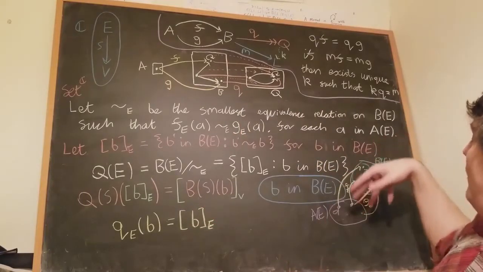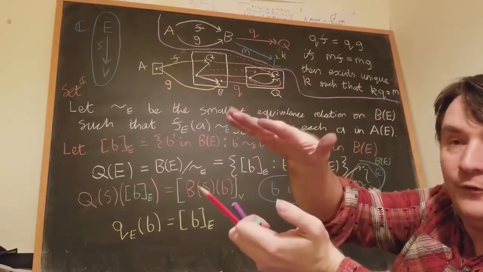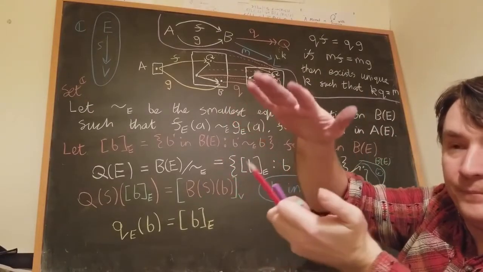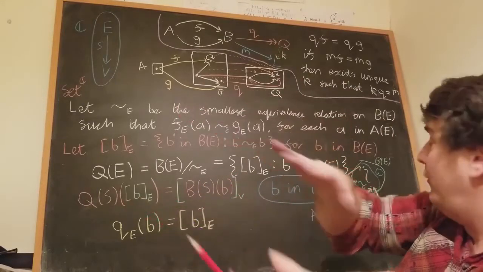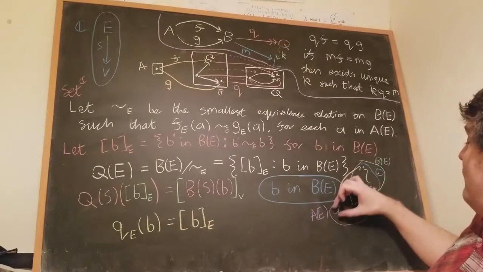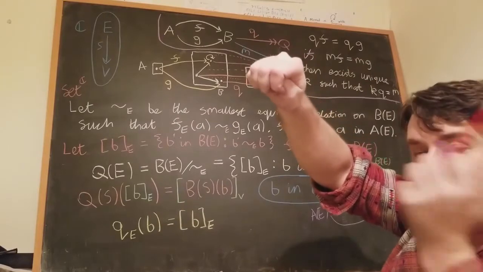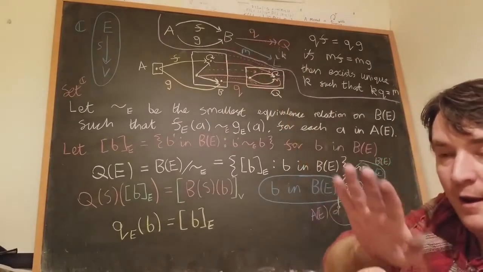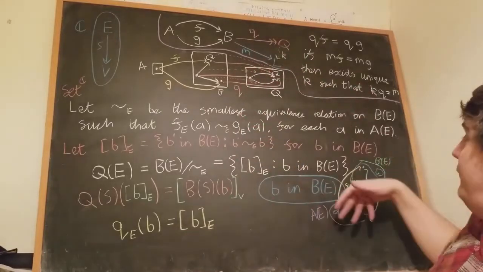Because basically what we want to do is partition up the elements of B of E in such a way that whenever there's some a in A of E that could make one under F and make the other under G, then those two ought to be in the same equivalence class, okay? So this is what we want to do.